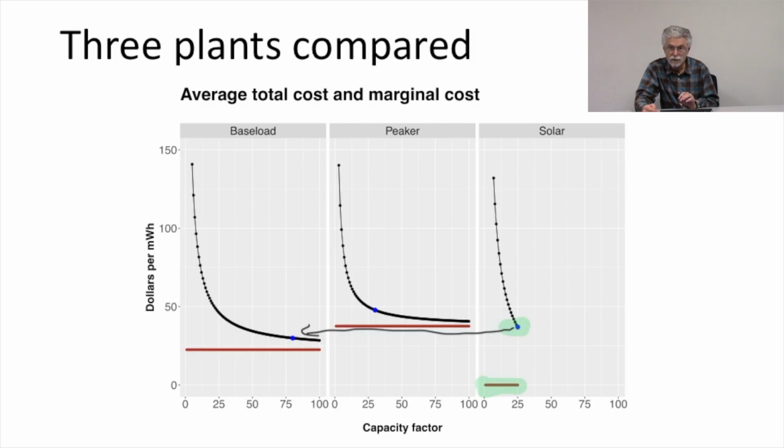So solar has a lower marginal cost but a higher levelized cost of energy than the baseload power plant. And peaker has both higher marginal cost and higher levelized cost of energy.